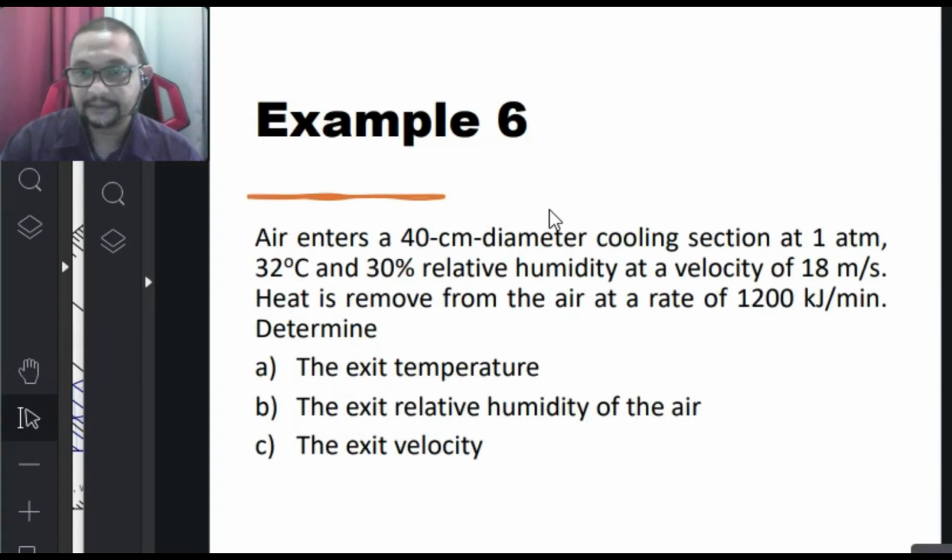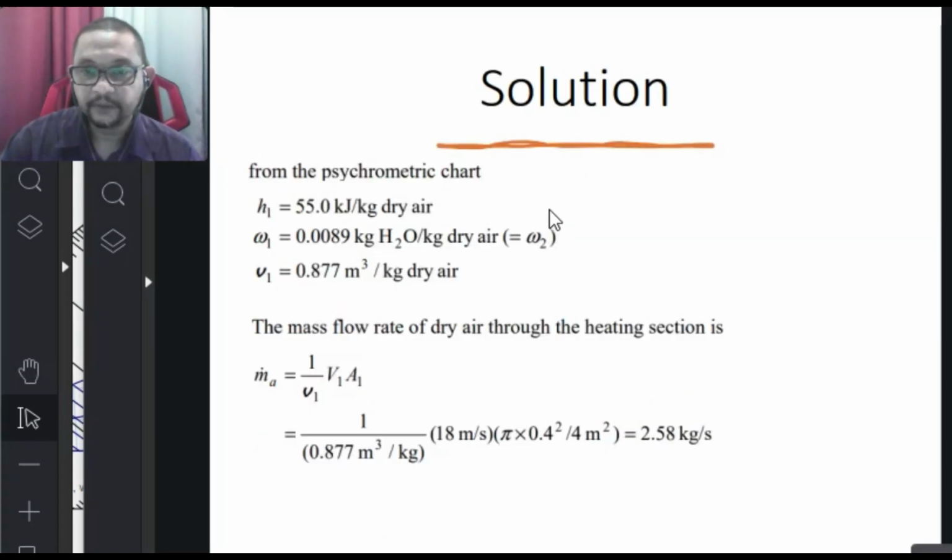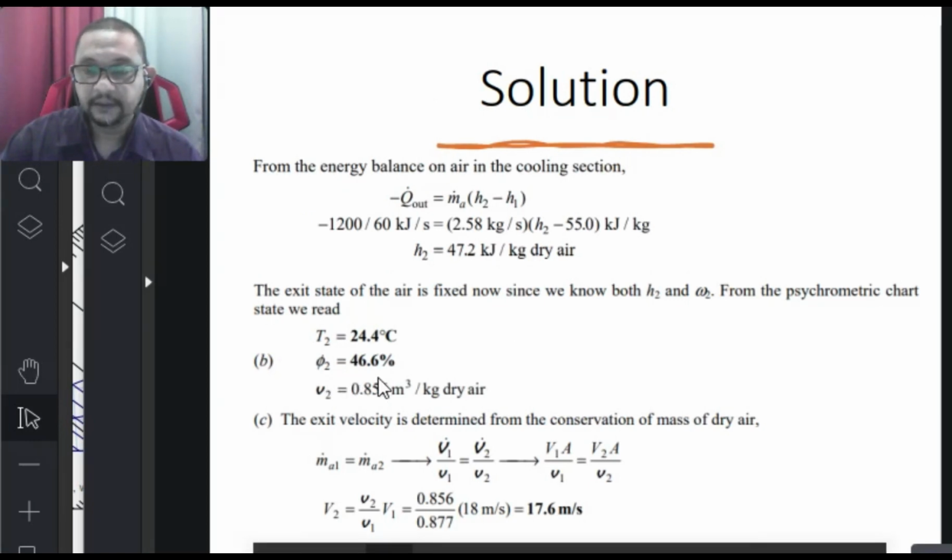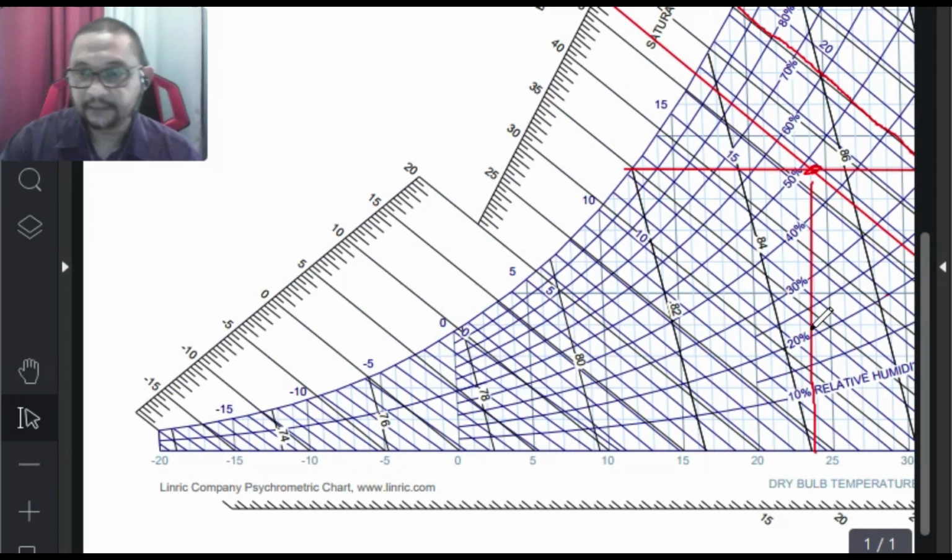B, the exit relative humidity of the air. The exit humidity phi 2 from the chart is around 48 percent.